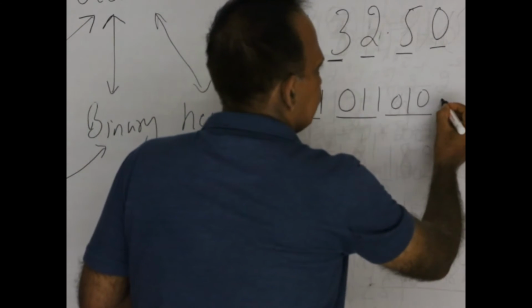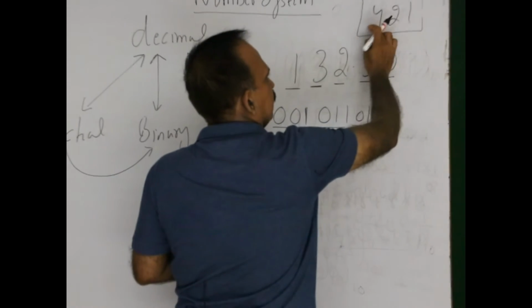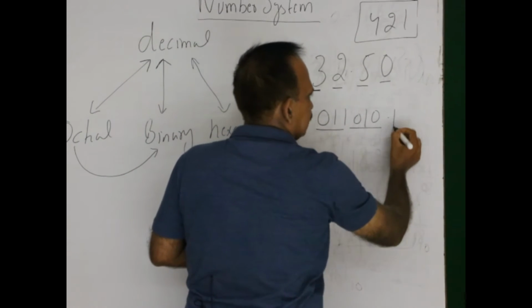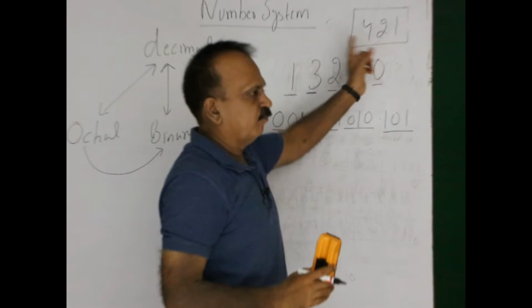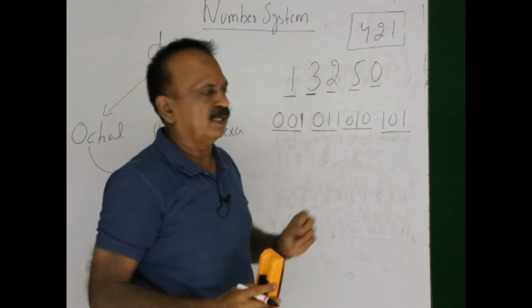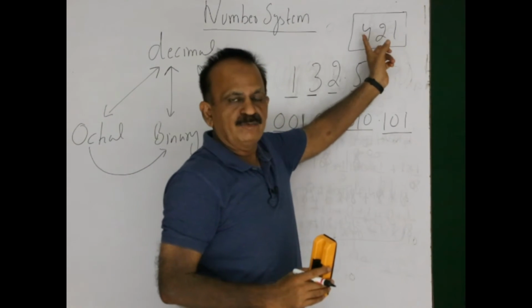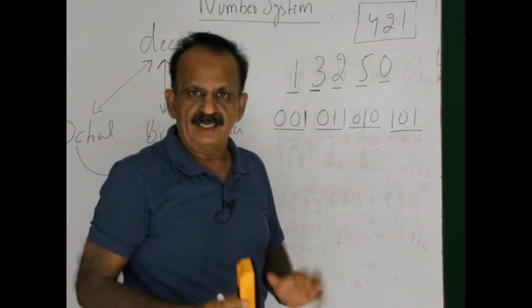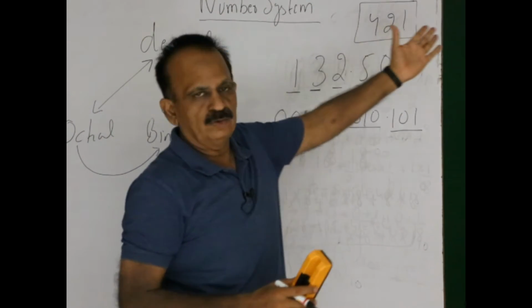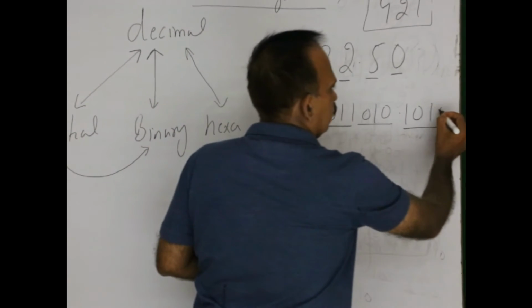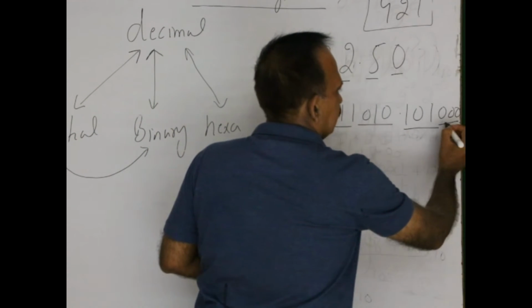The next one is 5. 4 plus 1 is 5. This is 1, 0, 1. I write 1 for those positions which I am using, and 0 for those which I am not using. The next one is 0. I won't use any of these, so I will write the code 0, 0, 0.